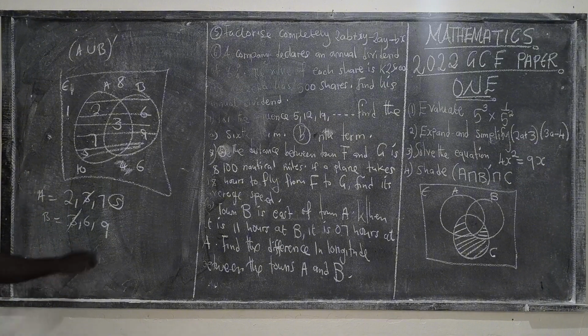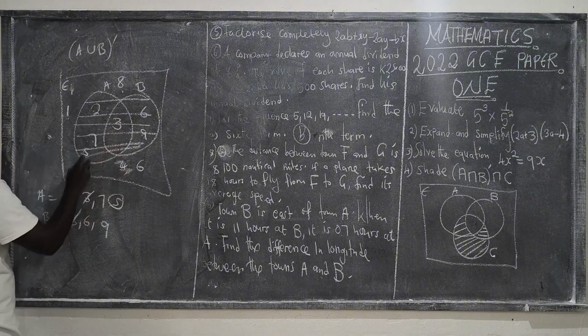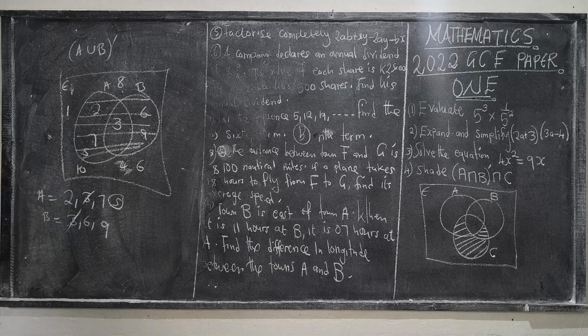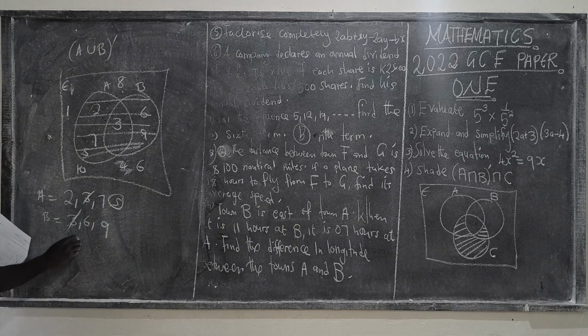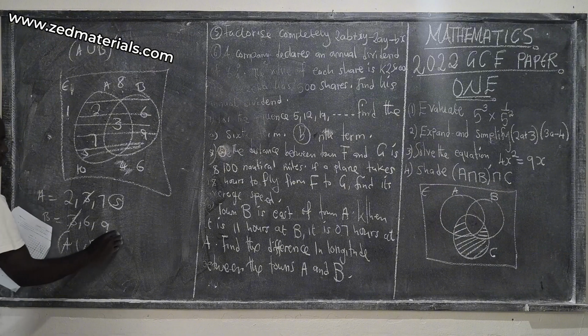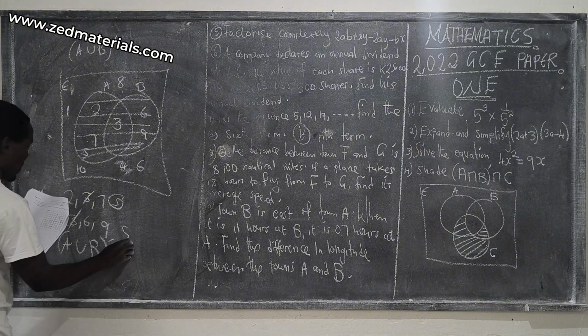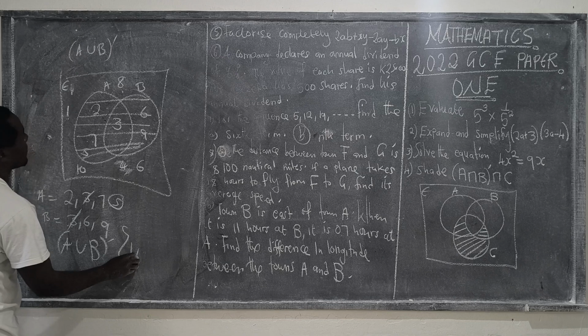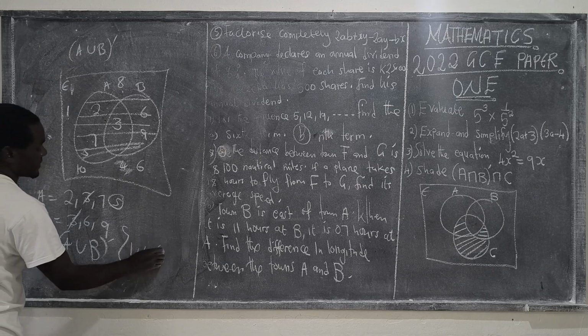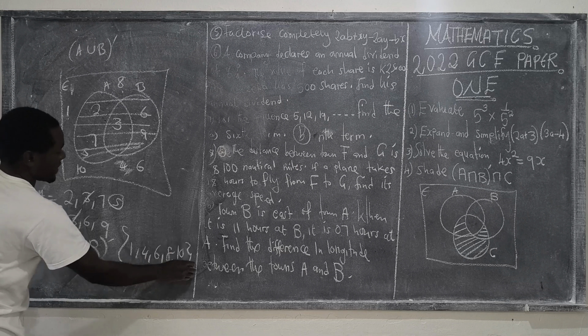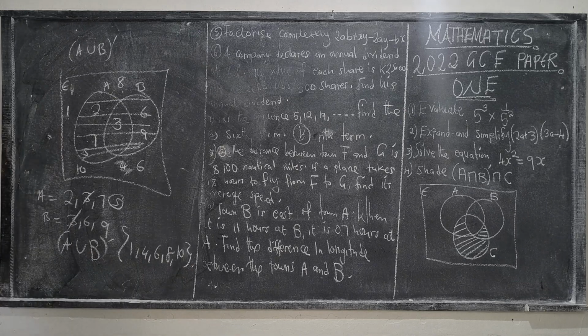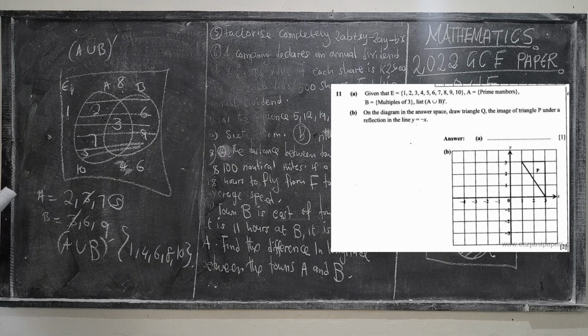So the numbers that I'm having now are 1, 4, 6, 8, and 10. So A union B complement is 1, 4, 6, 8, and 10. Done. You have your 1 mark there.